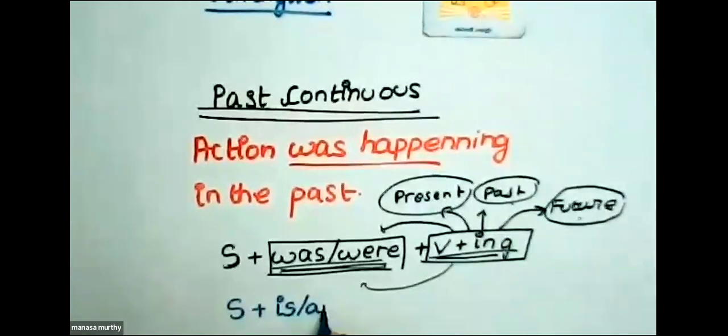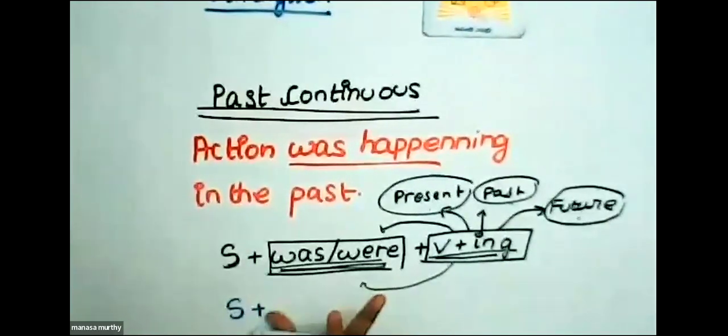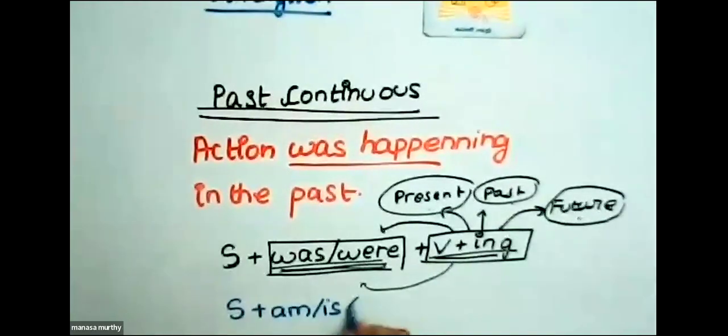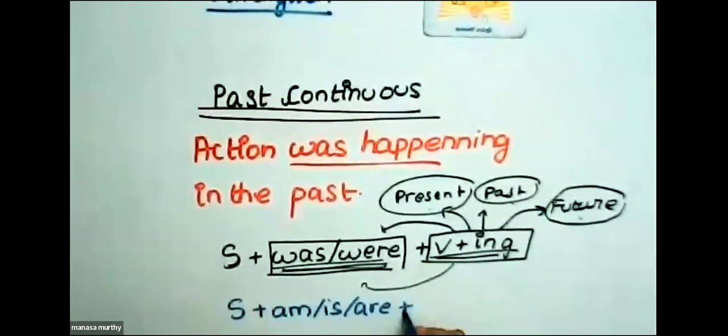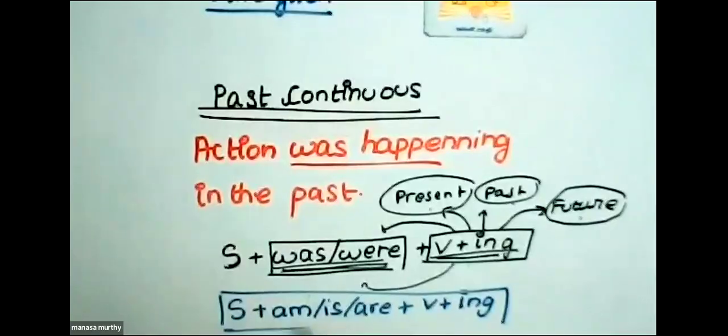Subject, I'm so sorry, am, is or are. Am, is or are. Then we add verb plus ing, which means we understand that the action is happening continuously right at the moment. My voice is much audible. Kindly check the audio device that is connected at your end.